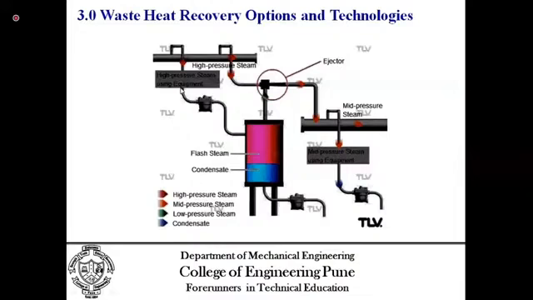Now what can be done when we want to add this low pressure steam to a high pressure steam? This is only possible if at this point the pressure of the steam is higher. How do we increase the pressure? If it were air, we would have used a compressor to increase the pressure.